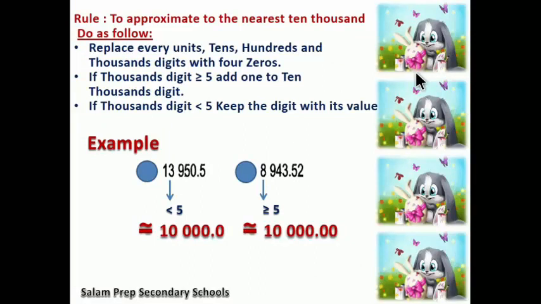Now we will learn how to approximate to the nearest 10,000. Please look at the example. 13,950.5 is approximated to the nearest 10,000. 10,000 means please go to the 10,000s place, okay?